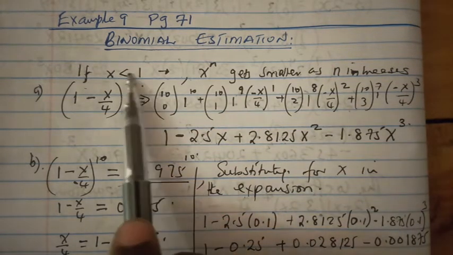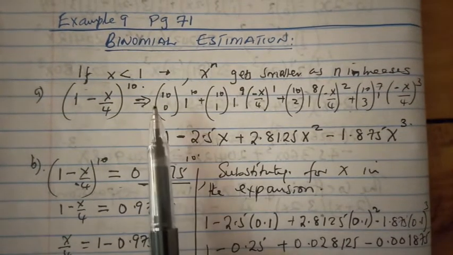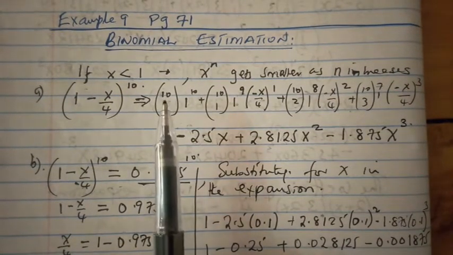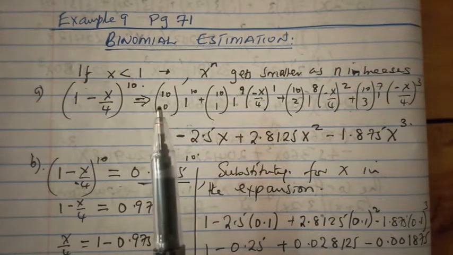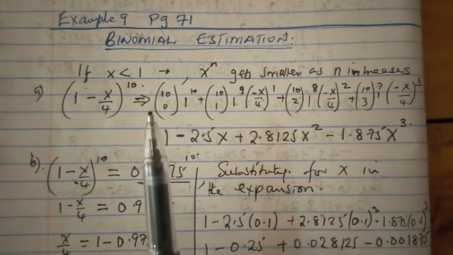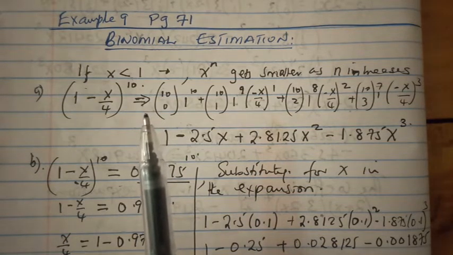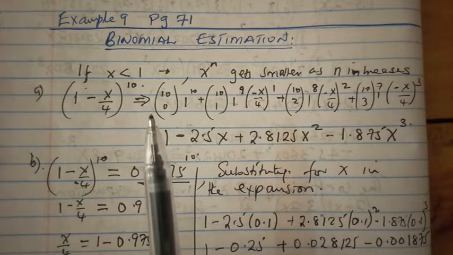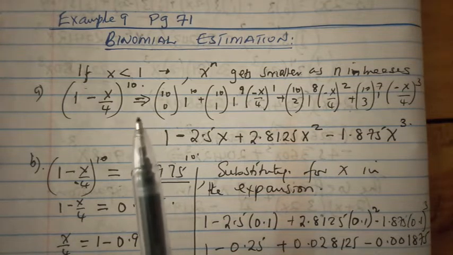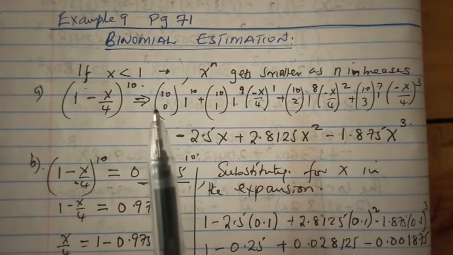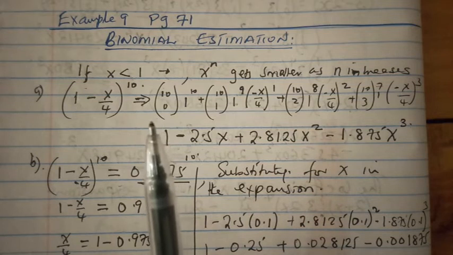That is exactly what this means. We can know that if x is small, you can sometimes ignore large powers of x to approximate a function or estimate a value.